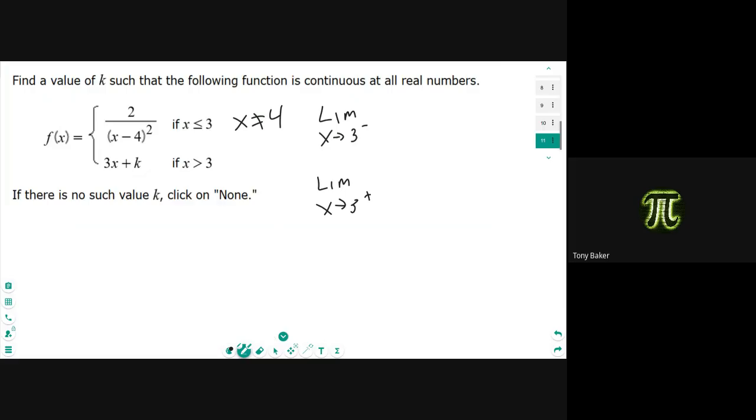What is the limit as x goes to 3 from the left? Which one am I looking at, the top equation or the bottom equation? The top equation. Okay, so if I plugged in 3 to that, what do I get? 1. Right, this side. Yeah, because the bottom's 1, so that becomes 2.